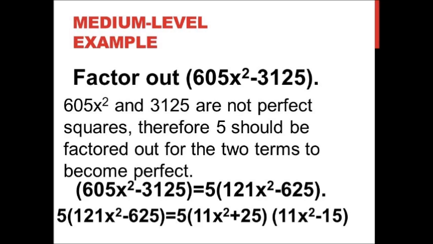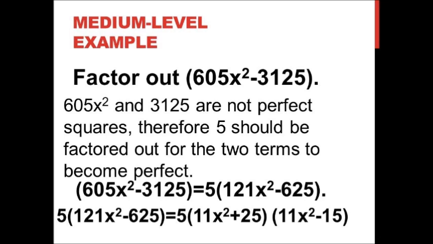So look for a perfect square factor for each of the numbers. 605 has a perfect square factor of 121, and 3125 has a perfect square factor of 625. Therefore, you can factor out 5 from both of them. That will leave us with 121x squared minus 625.